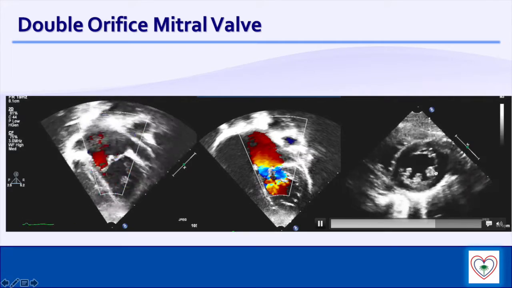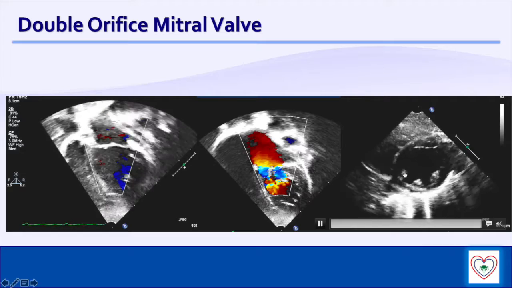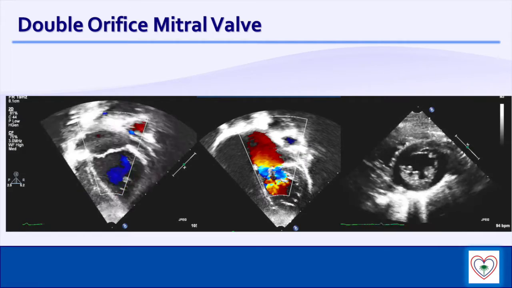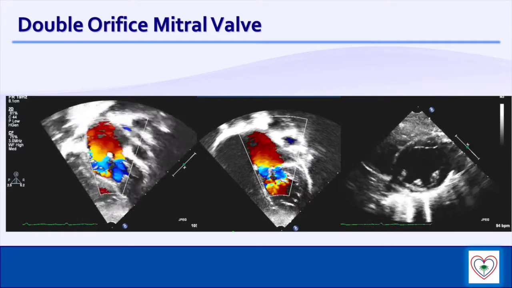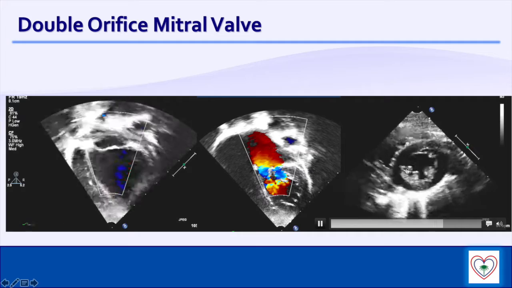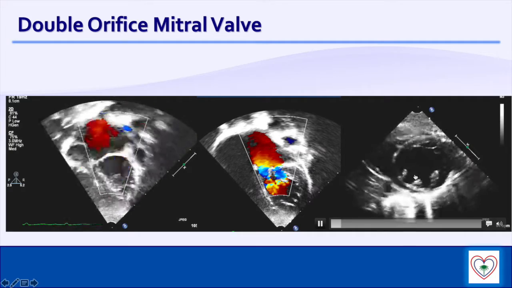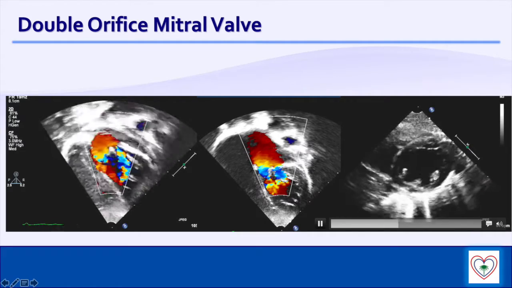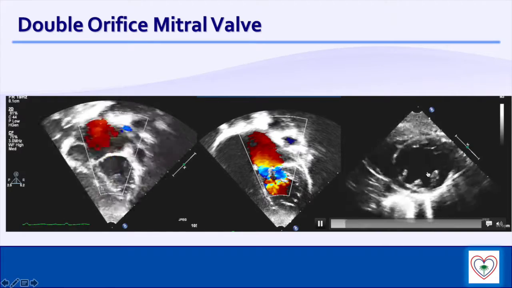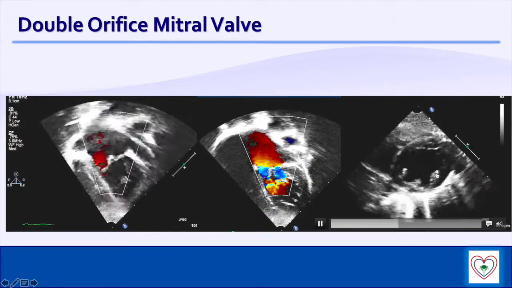This is the short axis view. You can see here there are more than 2 papillary muscles. In this case, we have 3 papillary muscles. So one of the mitral valve orifices is attached to 2 papillary muscles, and the other one is attached to 1 papillary muscle. So the second smaller orifice is a parachute.